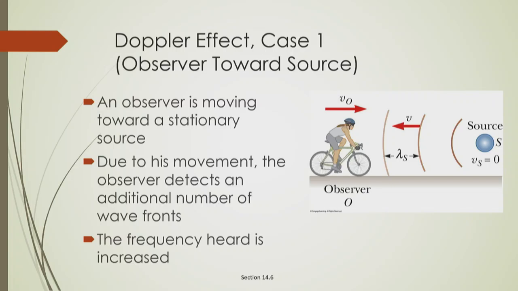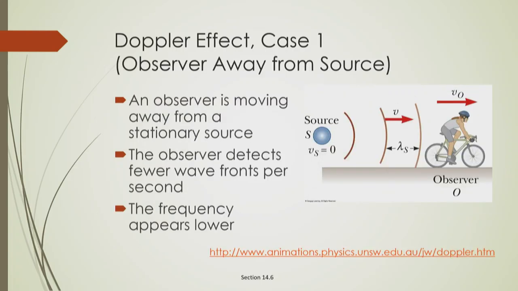So basically, this is what's going on. Here I have a stationary source. It's not moving. It's producing a sound at a certain frequency and wavelength. My observer is coming in and is going to hit that first wavefront, but it's going to hit the second wavefront sooner than if I were just standing there, because I'm coming into it sooner.